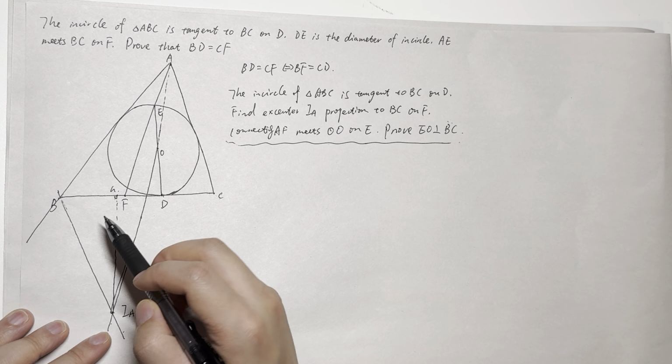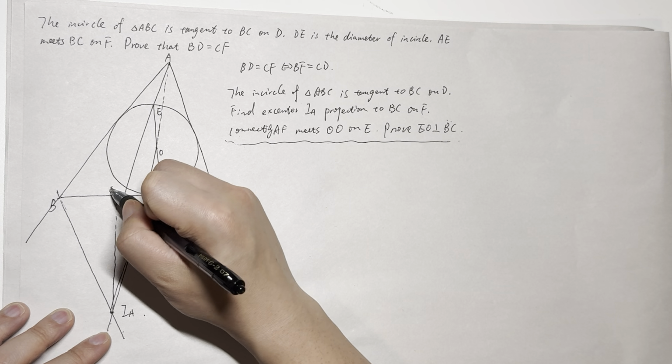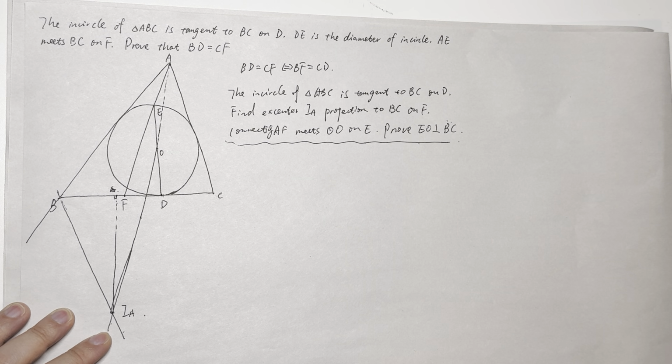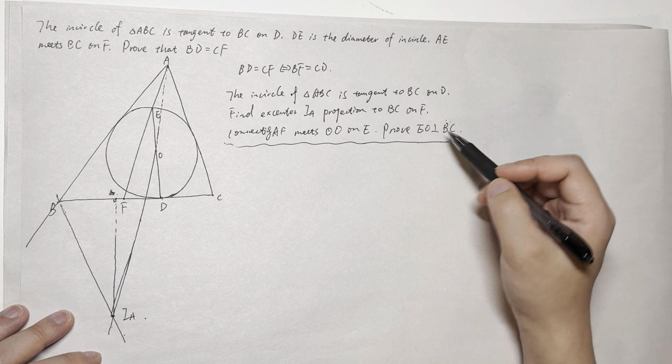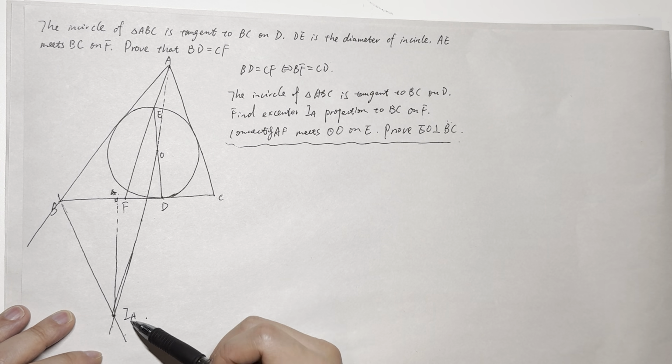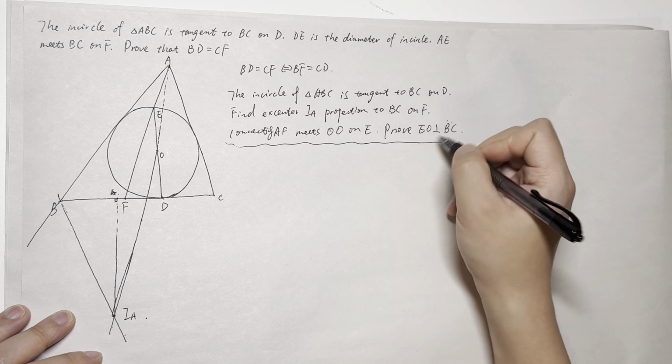We already know that here the G is F, right? I'll just replace to this one. And here we just think about how can we prove that EO is perpendicular with BC. We already know that IAF is perpendicular with BC, so we need to prove it equivalent.